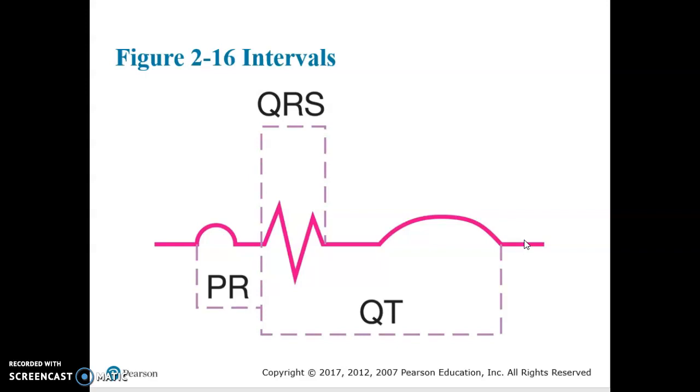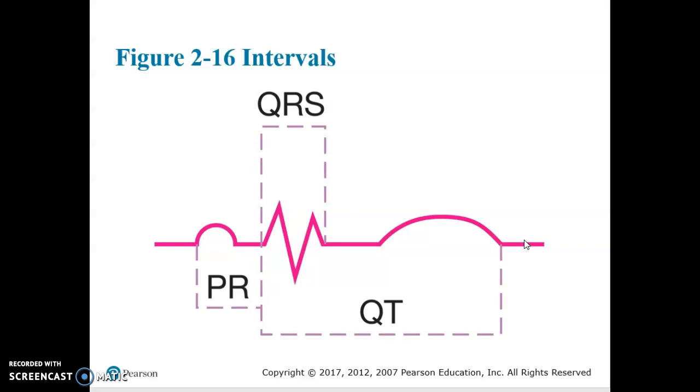To determine if the QT is prolonged, draw a line midway between the QRS complexes. If the T wave ends at or before this line, the QT is normal. If it ends after the line, it is lethal and can lead to an arrhythmia. Okay? If you have questions about that, let me know.